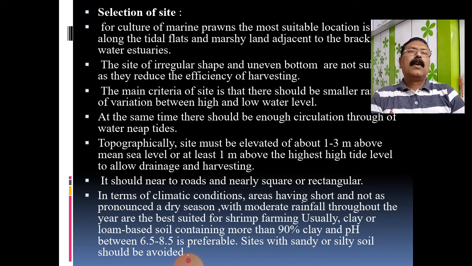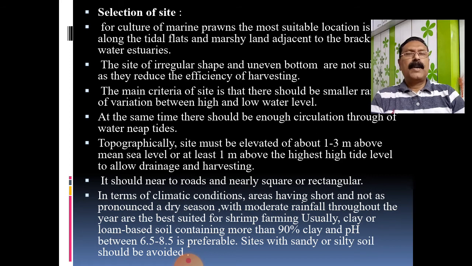Dear friends, for culture of marine water prawns, the most suitable location is along the tidal flat, near the marshy land, or nearby the creek, or near the brackish water estuaries. We know very well that fish culture farms and ponds are generally located near cheap and easily available water resources, that is nearby the dams, reservoirs, or river. That means we can get fresh water there very easily.